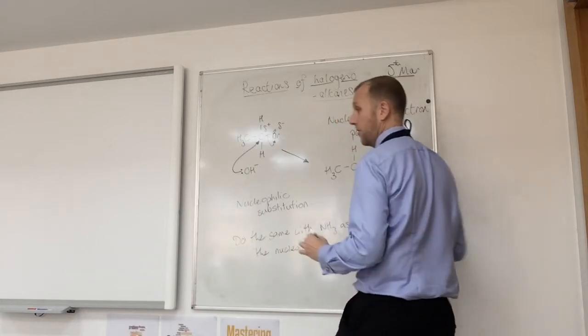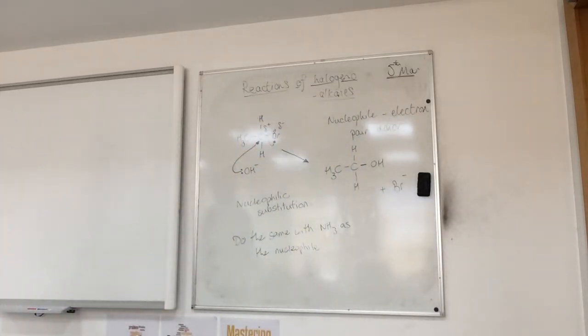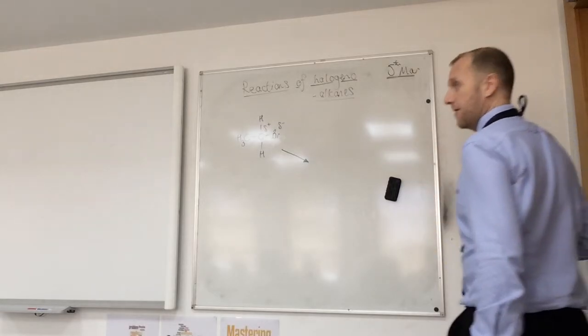So we need to be able to draw and recognize two different versions of this mechanism, one with OH minus and one with NH3. So your task for the next couple of minutes, without looking at it in the book, is to see if you can do the same thing with NH3 instead. Okay? Go!